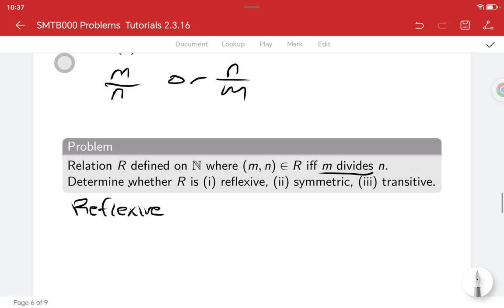Let's say for instance m is 0. 0 divided by anything is 0.